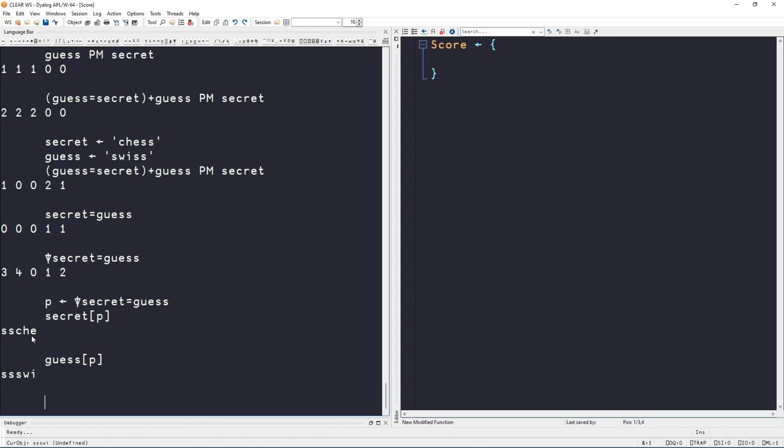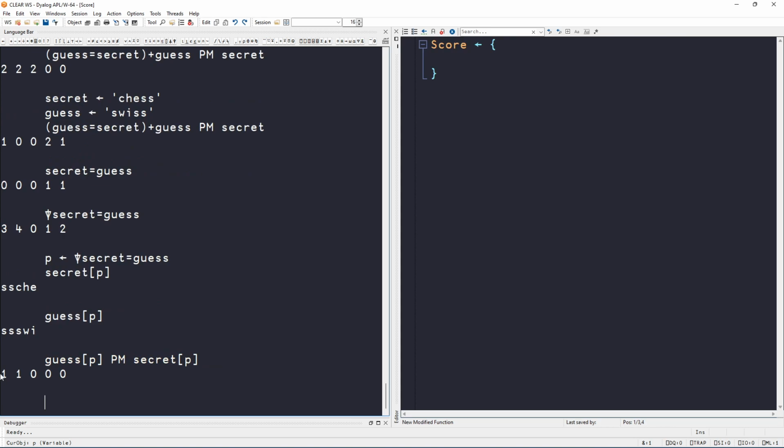So now, if I were to do progressive membership with these two words, with the ones that have been reordered, secret P, now the 1 here refers to these two S's, which are correct. And then the third S has a 0.